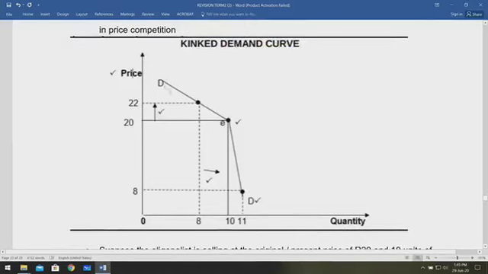Because if you see here, the top part of the kinked curve, the demand is what we call elastic, meaning there's going to be huge changes in the demand when there's a change in price. Whereas the bottom part of the curve is relatively inelastic, meaning a change in price causes a very small shift in the demand.